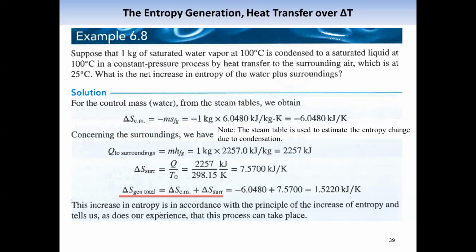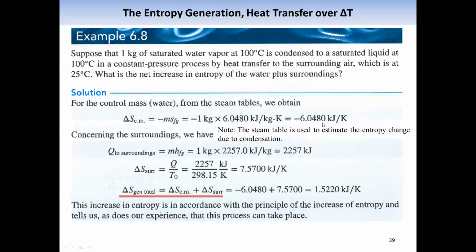The entropy change can be directly read from the saturated steam table, because the mass of the steam is given. Specific entropy change of evaporation is tabulated. So we can estimate the entropy change.